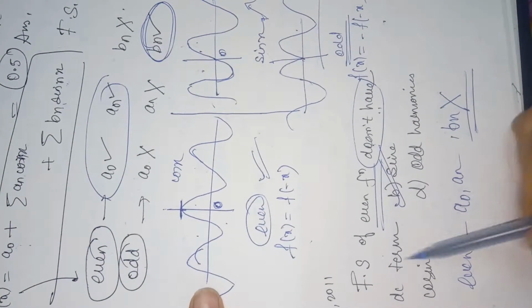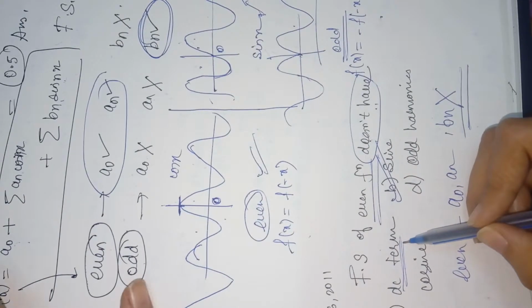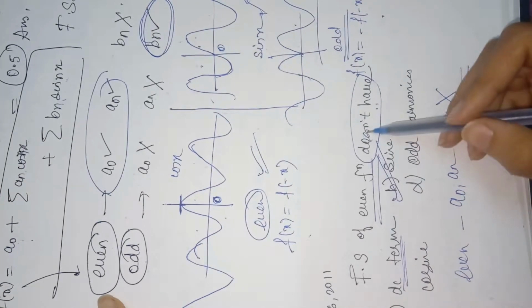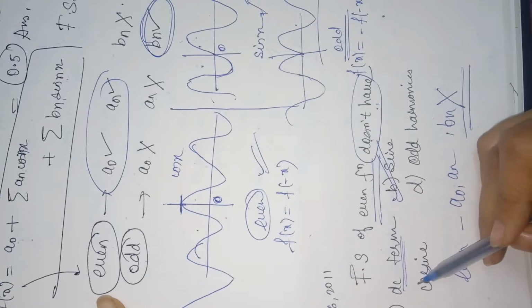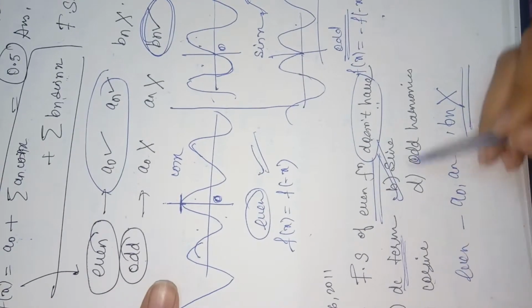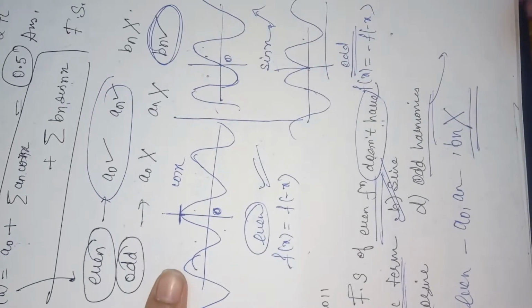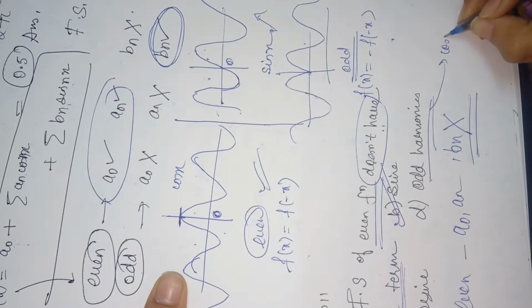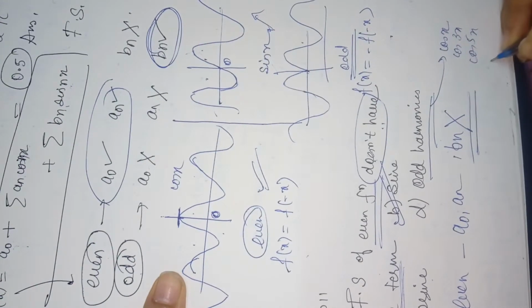Now you must be wondering what the other options are. The DC term, I already told you, is a naught here, and a naught will be there only when it is even. And it is telling does not. If it asks even function has DC term and cos, right? Cos you know, sine you know. What is odd harmonics? Odd harmonics does not mean odd function. It only means whatever terms are there, cos or sine, it will have only cos x, cos 3x, cos 5x, cos 7x.